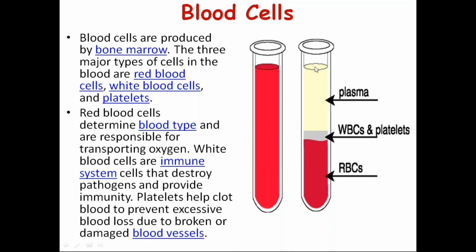And the top one is the buffy colored liquid, which is the plasma. Now tell me one thing, last class also I told you, what is the difference between plasma and serum?